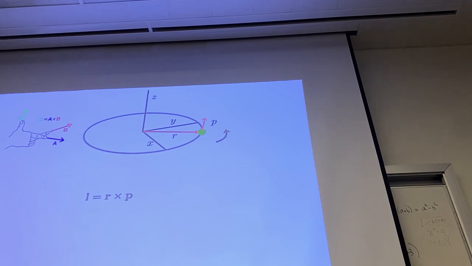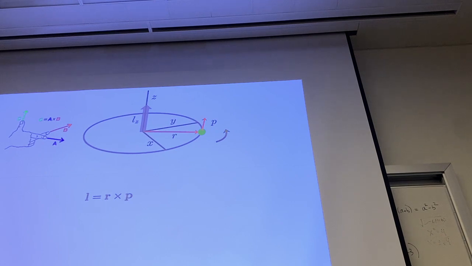That's the direction of the angular momentum. Different from linear momentum, right? So that is the angular momentum. It actually points along z. If the particle moves in x, y, then the angular momentum points along z. It can point up. It can also point down if the particle spins the other way, because then the direction of p flips.